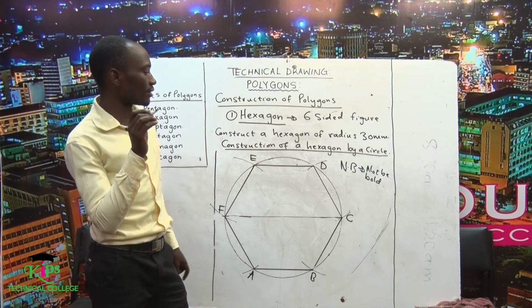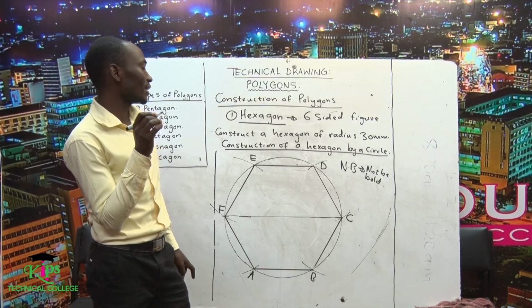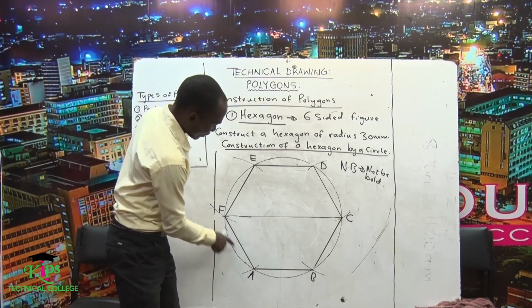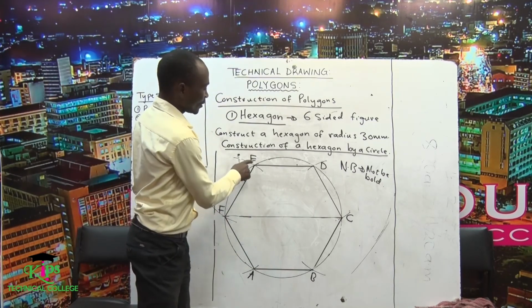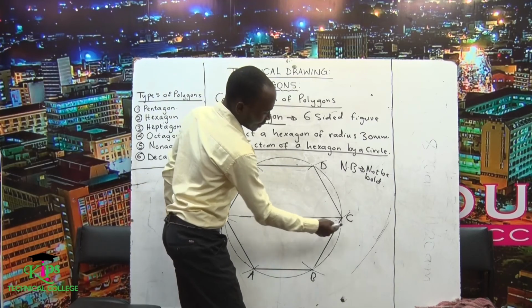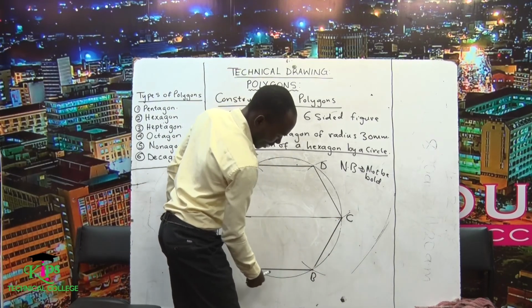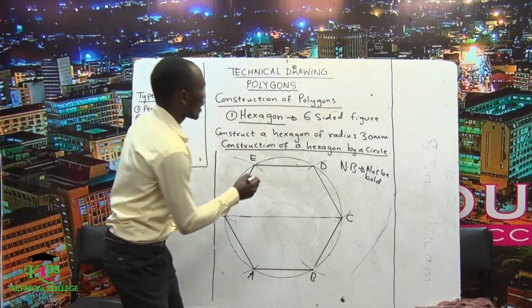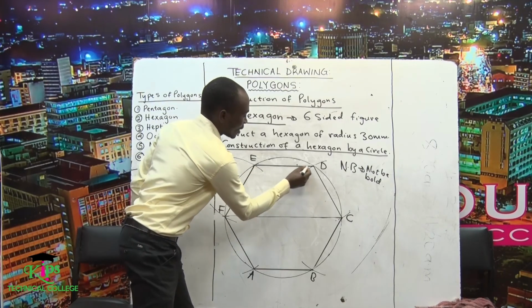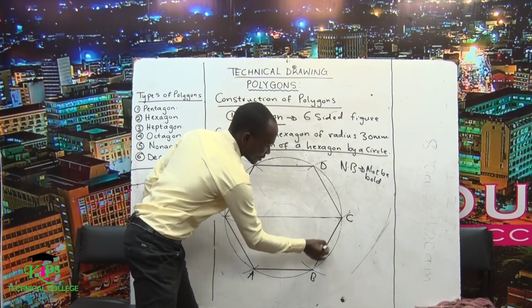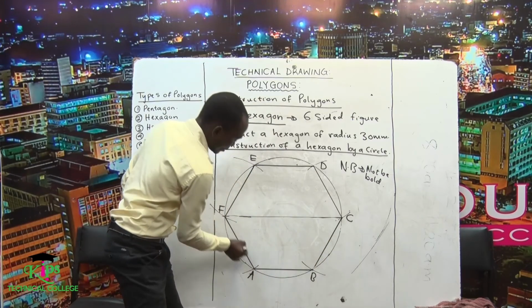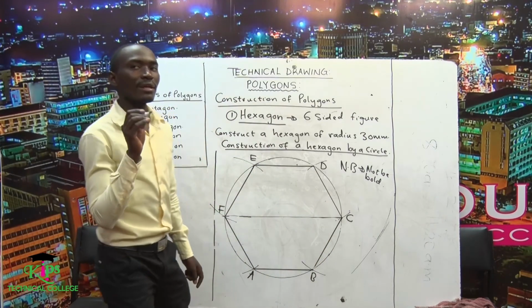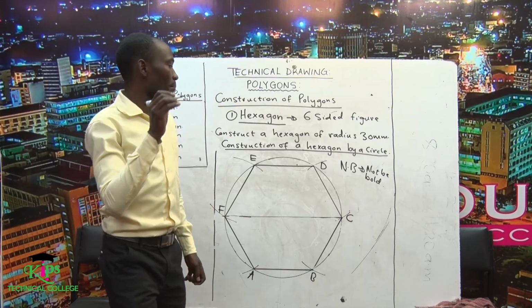The only lines that you are interested in are lines AF, FE, ED, DC, CB, and BA. These are the only lines that you are interested in. Those are the only lines that should be in bold.